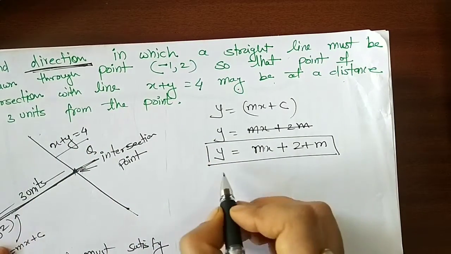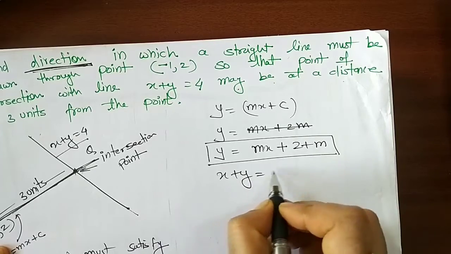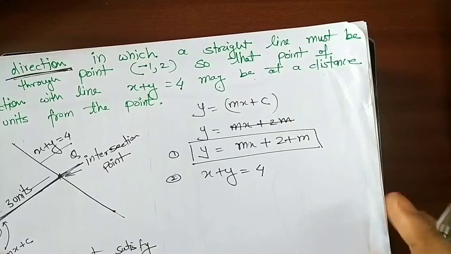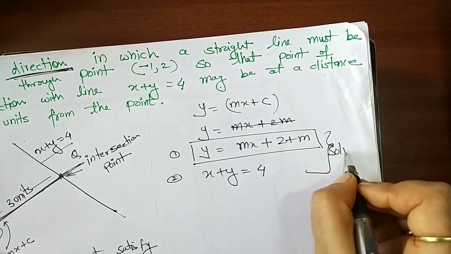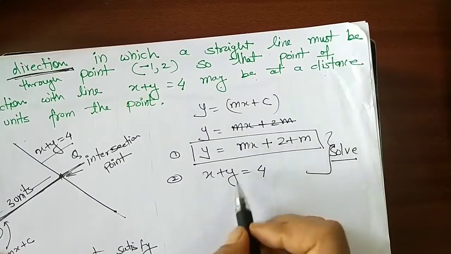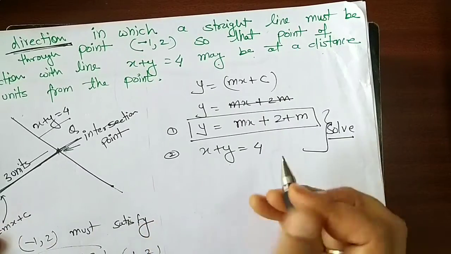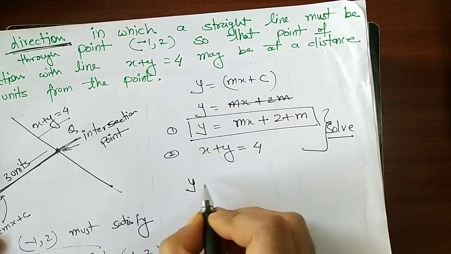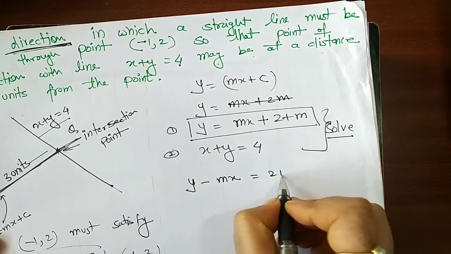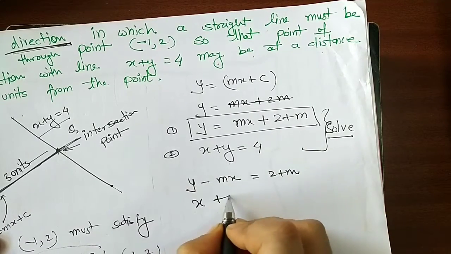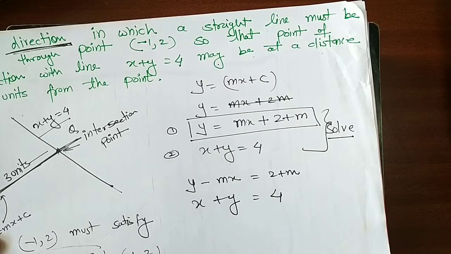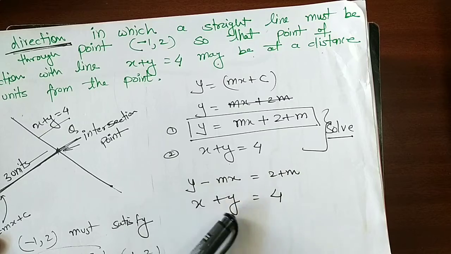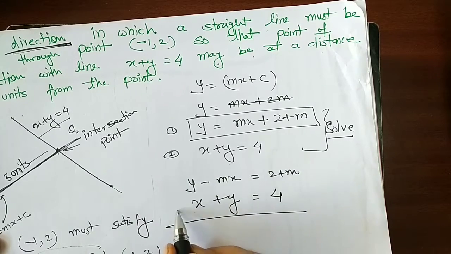My second line is x plus y is equal to 4. Suppose this is first and this is second. I am trying to solve them to find x and y. So let me write down both again. y minus mx is 2 plus m, and x plus y is 4. Here the coefficients of y are equal, so I don't have to make them equal. I just need to subtract.